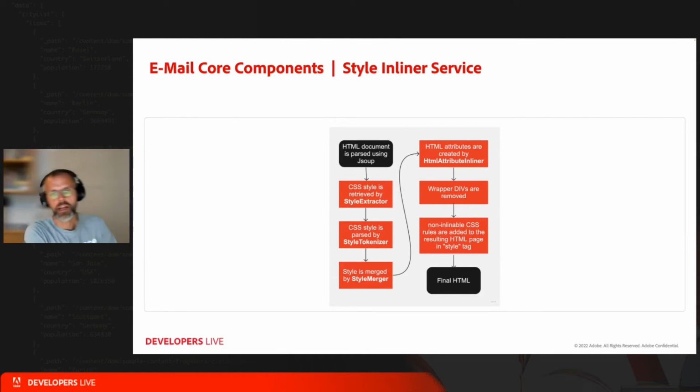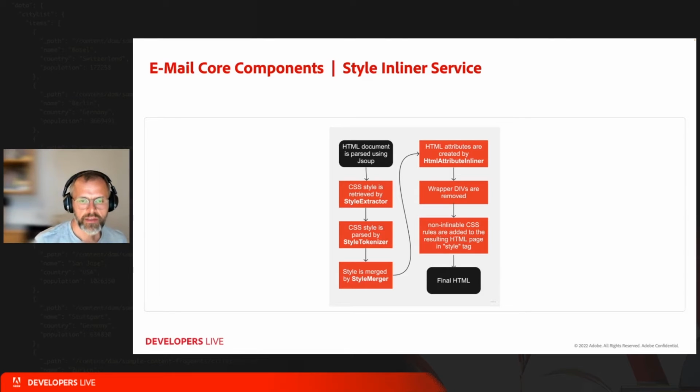And this style extractor then takes the CSS and passes it to the style tokenizer. The style tokenizer is responsible for taking the CSS and extracting the CSS rule sets and the combined CSS selectors.